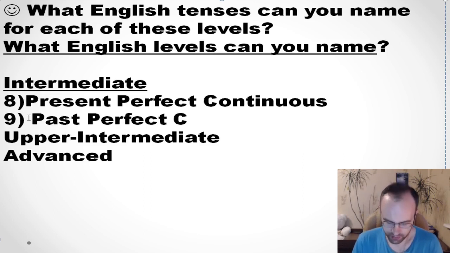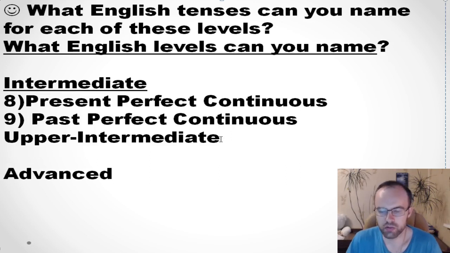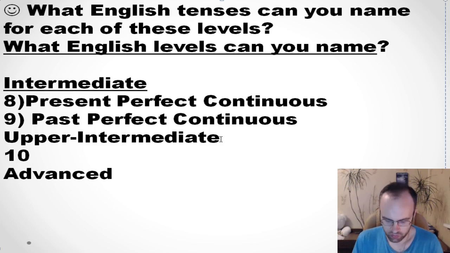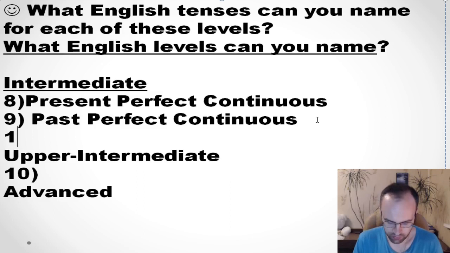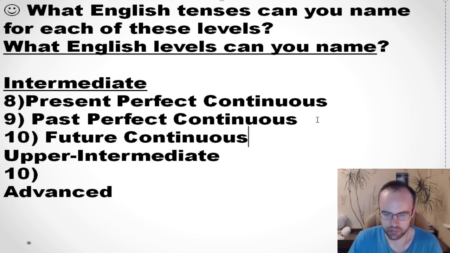Okay, and past perfect continuous. Okay, if we look at the next level, upper intermediate. So I think it's about, yeah, and one more here. So future continuous. Okay?